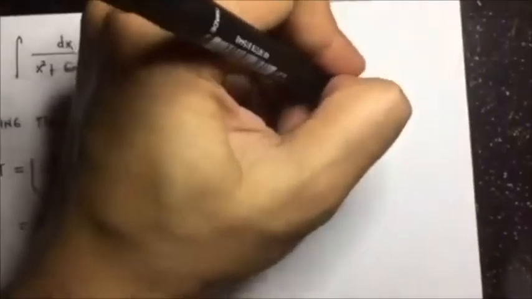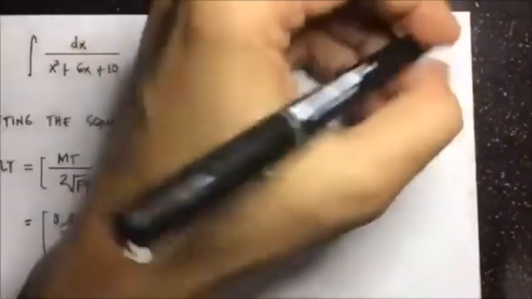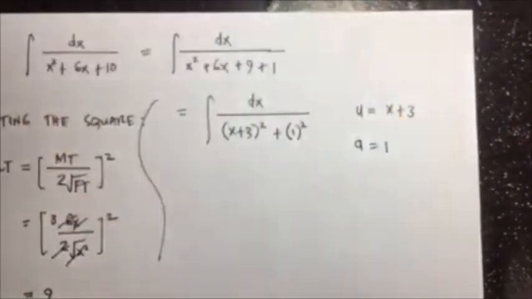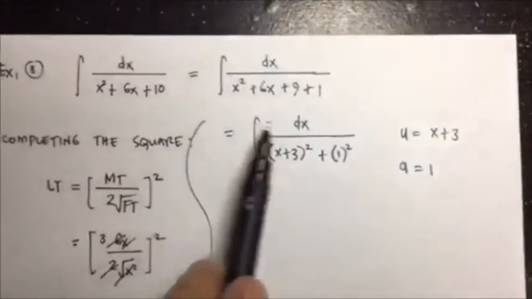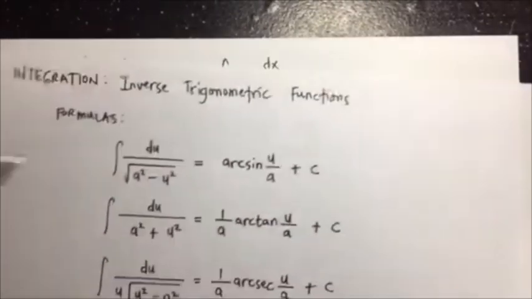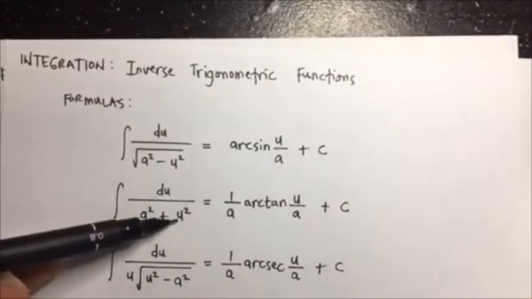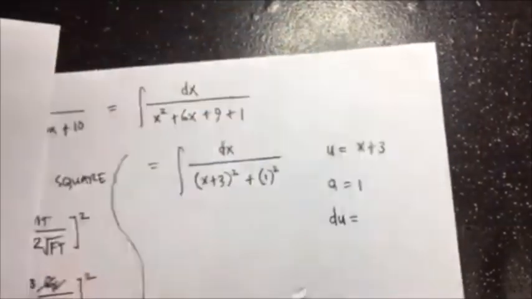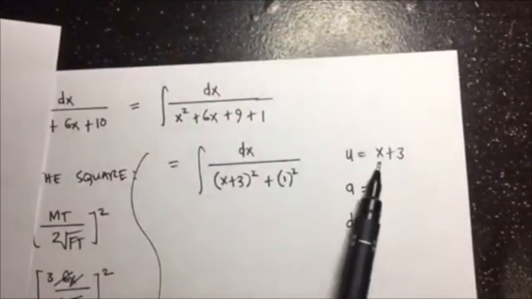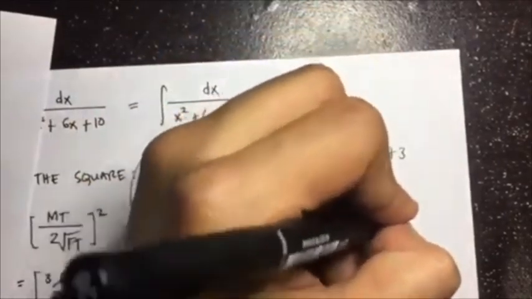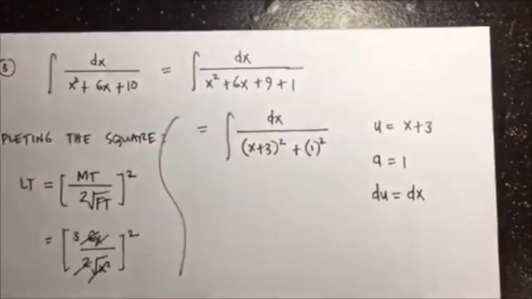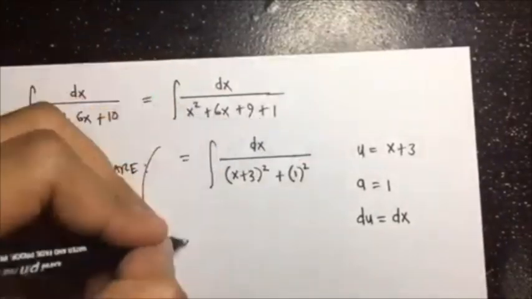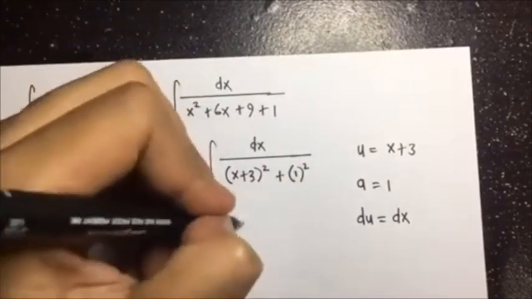Therefore, our u here is equal to x plus 3, and our a is equal to 1. For us to use this formula, the numerator should be the complete differential of u. Our du, since u is x plus 3, is equal to dx. Since our numerator is already dx, it's already complete. Then we can now apply the formula.